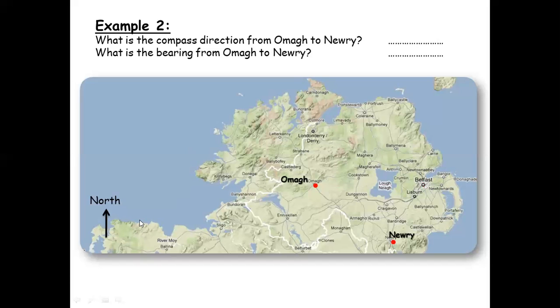I'm going to draw north from Omagh because he said from Omagh, and then I'm going to take the angle clockwise. Can you see the arrow? The arrow here moved clockwise and stopped at Newry, and this is going to be our bearing.